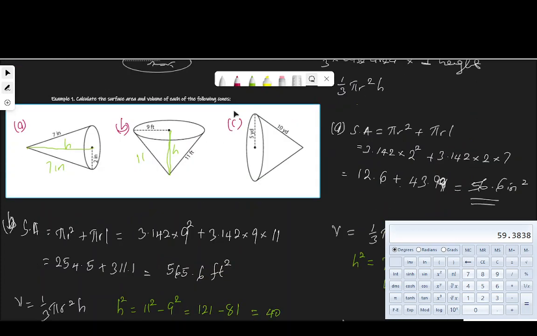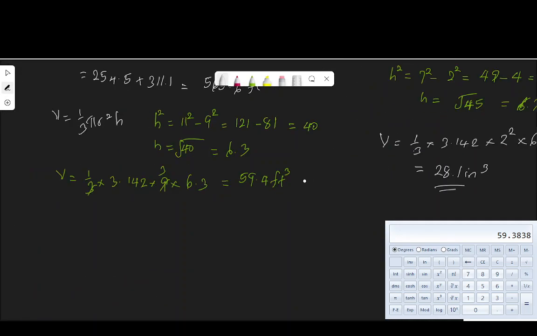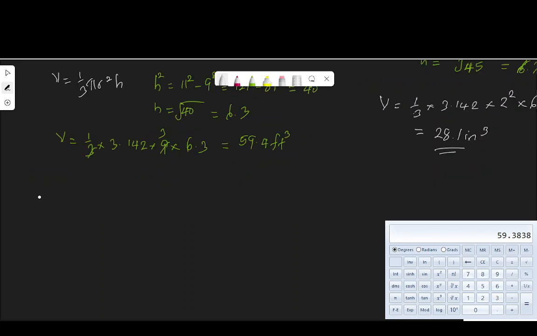Okay, question C, the radius is 5 yards and the slant height is 10 yards. Question C right there. Surface area SA is pi r square plus pi rl.